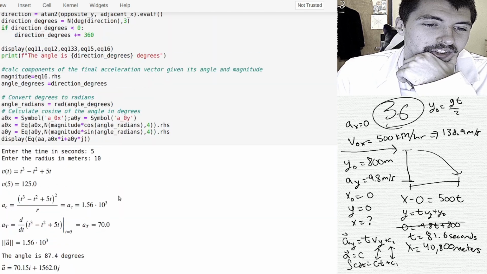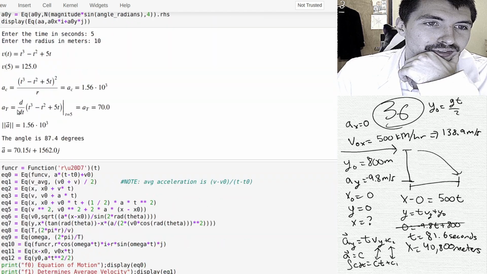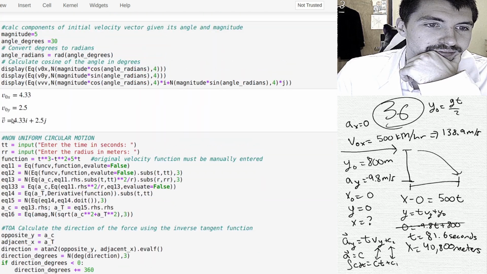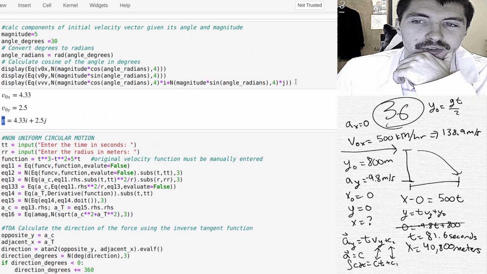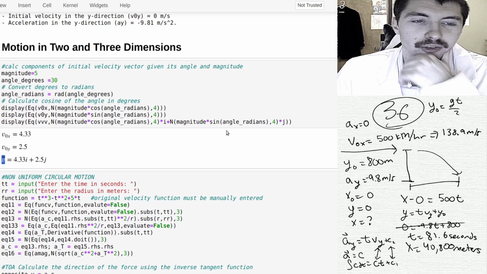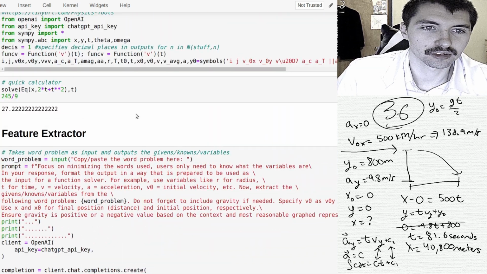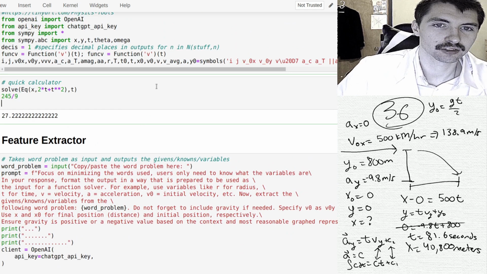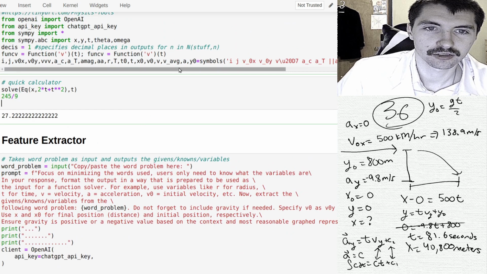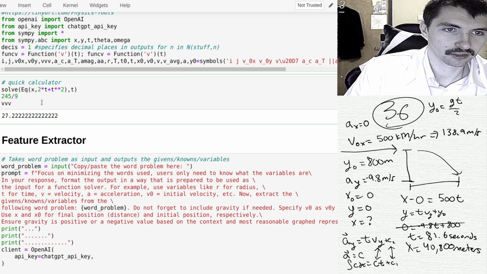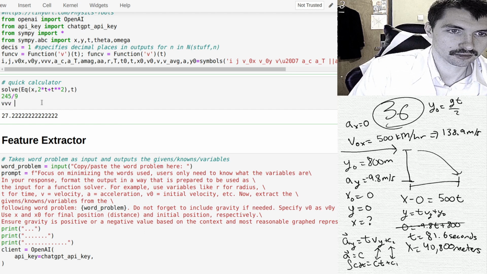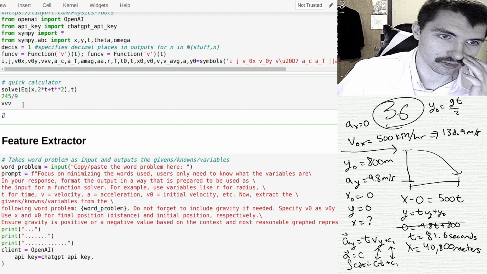So I'm also debating. You know how we can make vectors with arrows? I don't know if we can make a vector with an arrow and a subscript. Let me try. So we know V, V, V is this.